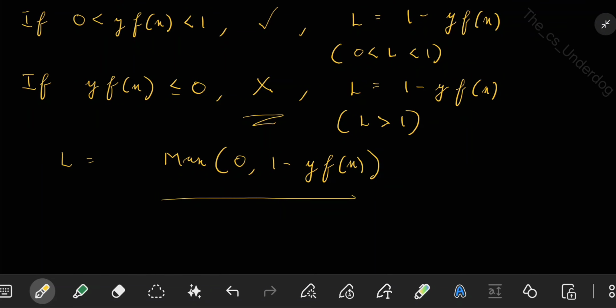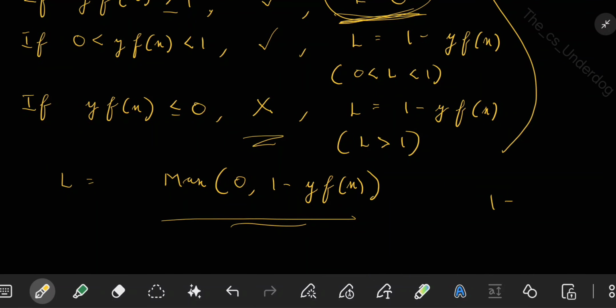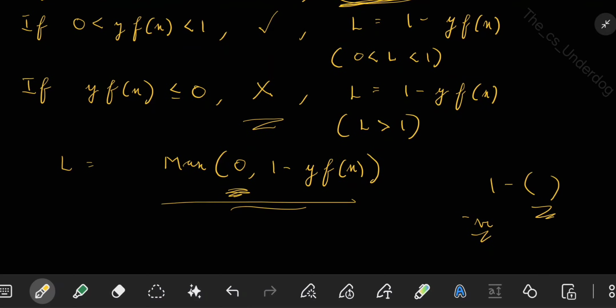That is the same as what I have written here. If you see this, in this case 0 will be the maximum because y into f of x is greater than 1. If you do 1 minus some value which is greater than 1, this will be a negative value, which means 0 will be the greater value and hence loss will be 0. In all other cases, your loss will be 1 minus y into f of x. So that is this particular loss function.